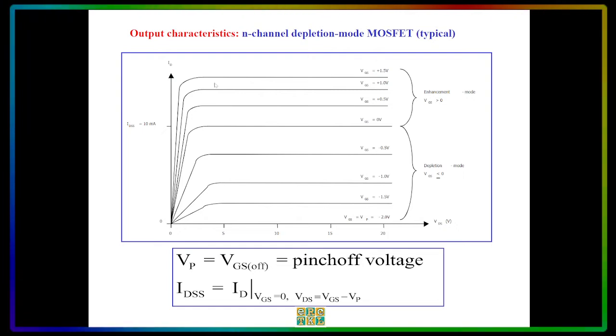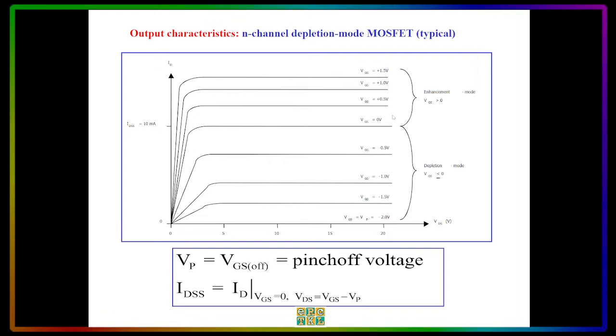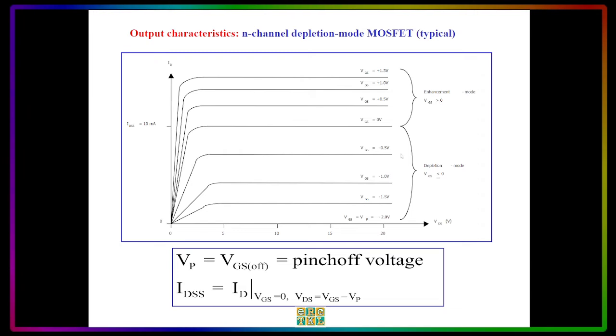It will be constant. And from this point, VGS of positive 1.5 volts down to 0 is called enhancement mode, where the VGS is greater than 0. And here, when it is less than or equal to 0, this is called the depletion mode output characteristics.